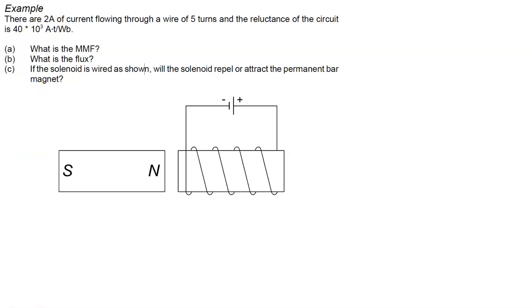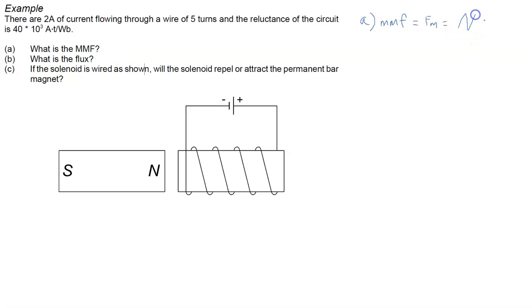And first, for this question, we are asked to calculate the MMF. So if you recall, MMF is magnetomotive force, and we can represent it by F sub M, or you remember that fancy written F that was used in the notes there to represent that.